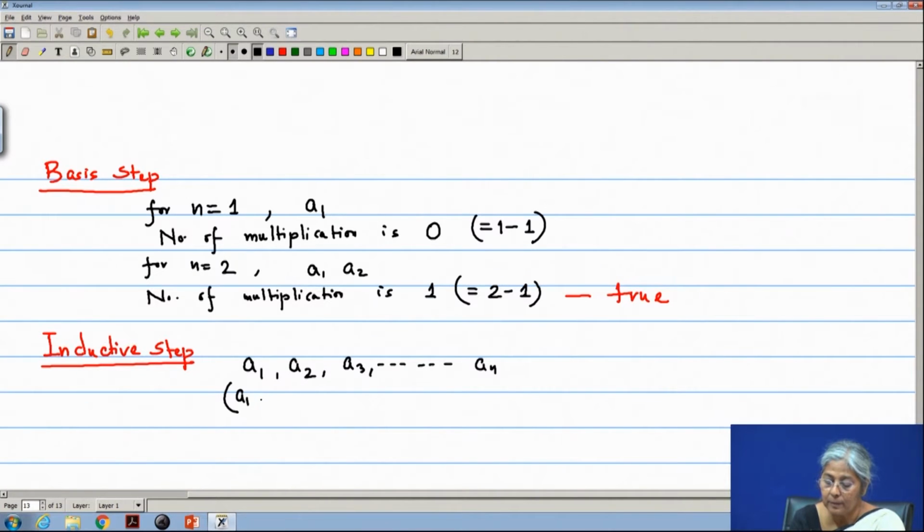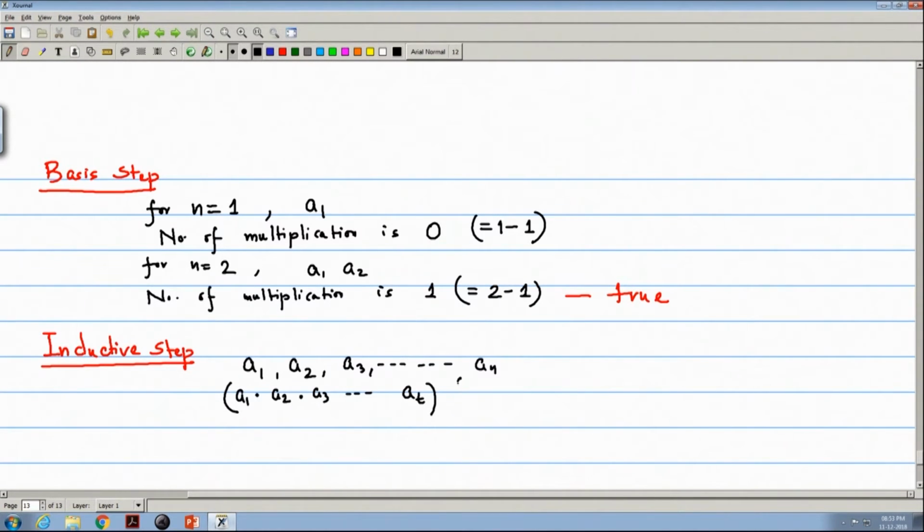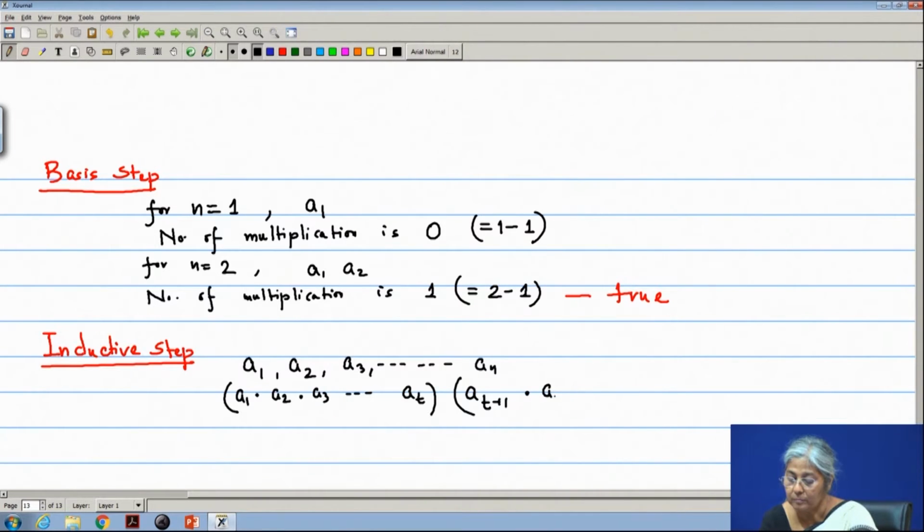a1, we multiply a1, a2 up to at, and at plus 1, at plus 2 up to an. Now, if we apply the strong form of induction, then t is less than n.